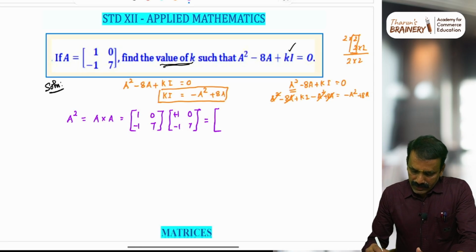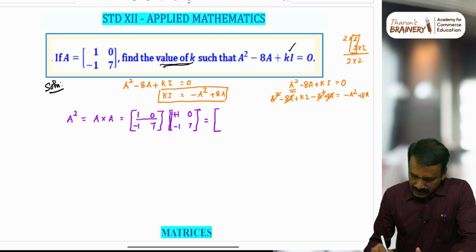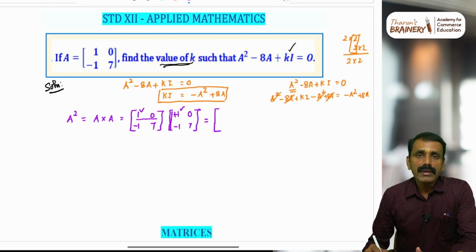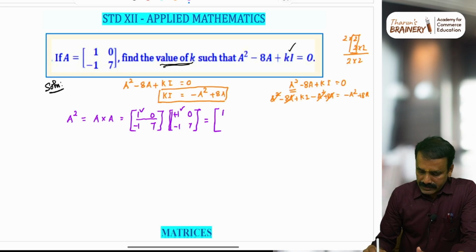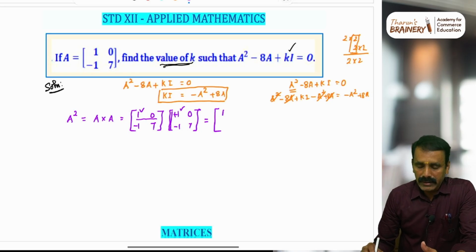So we have to multiply row with column. So the first row is multiplied with the first column. So first element multiplied with the first element. So what is the answer you are going to get? 1 multiplied with 1, 1. I am skipping one step. I am not showing the product 1 into 1. Okay, I am directly multiplying the first element with the first element. So first element multiplied with the first element, 1.